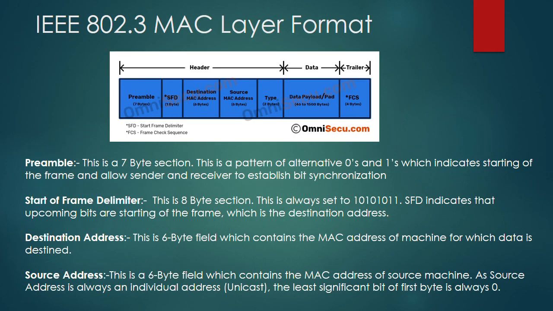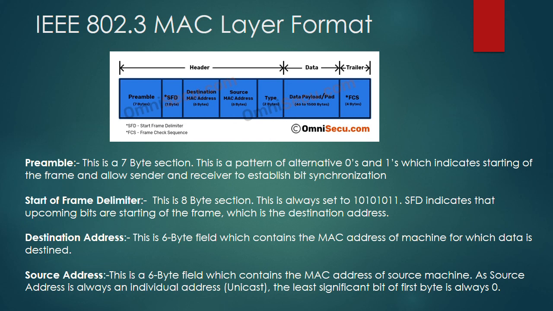The preamble indicates the starting of the frame and allows sender and receiver to establish bit synchronization. The start of frame delimiter, SFD, is always set to a 1 value that indicates the upcoming bits start from the start of the frame.